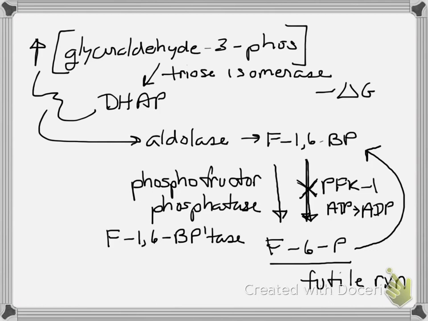So now we have to regulate PFK1 in this instance in order to prevent this futile loop. I'm going to break this video up and we'll start a new one, so this is a little bit more digestible. And we'll start out with the regulation of PFK1 in the fasting state in the liver.